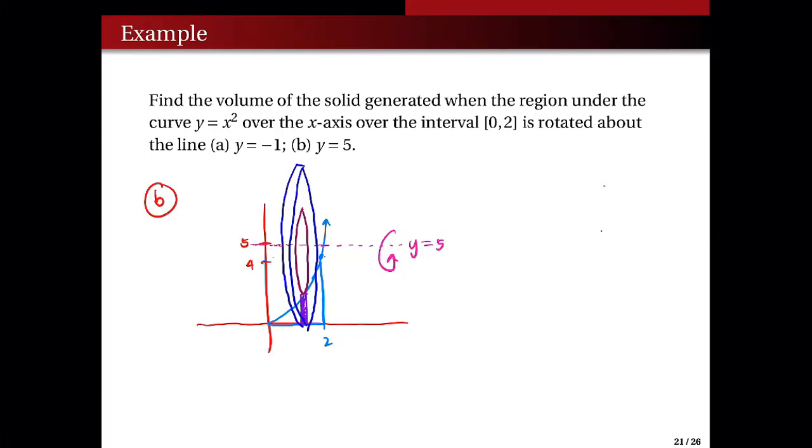Okay. Now, what is the bigger radius? The bigger radius, it's from this center going to this part, correct? So it will be from this up to this. This is your bigger radius.